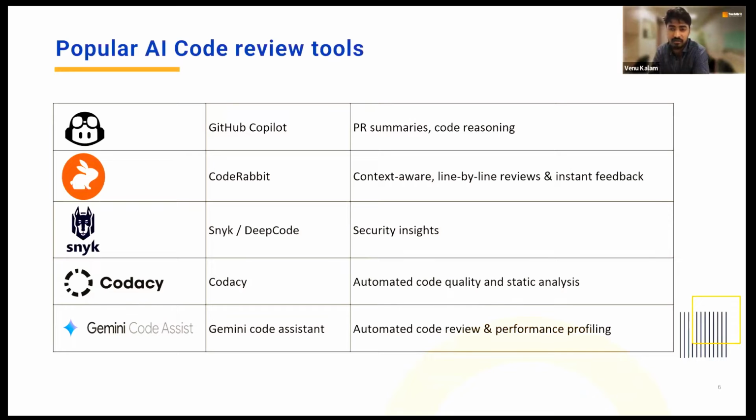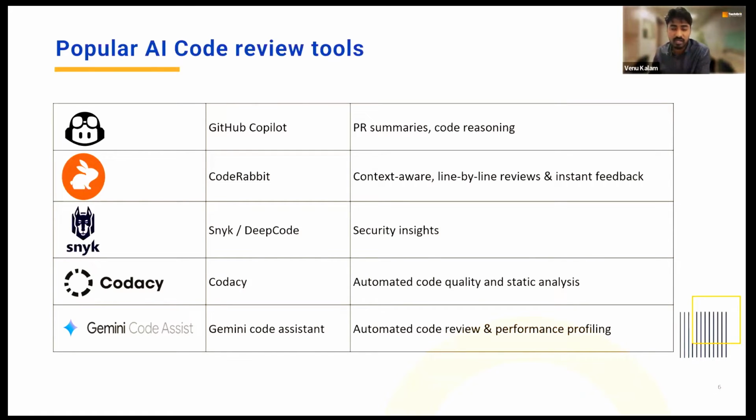So if you have a very specific use case where your main focus is security, I think it's worth it to dig deeper and do research about tools like Sync and Codassi. But for general purpose, for most teams out there, any popular reviewing tool will do the job. So I think it's not worth wasting time, whatever option you have.